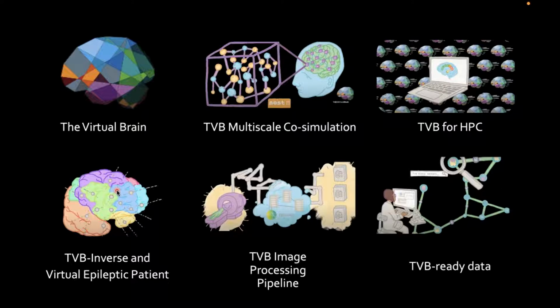And what are these virtual brain services at EBRAINS? On the one hand, we have the core brain simulation functionality of the virtual brain. Then we have the multi-scale co-simulation that you also saw in other lectures. Then we have specialized algorithms for high-performance computers that make use of the heavy parallelization, for example, of high-performance computers and also of their specific hardware.